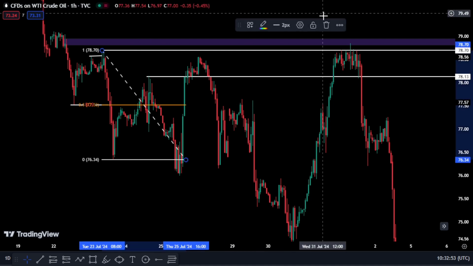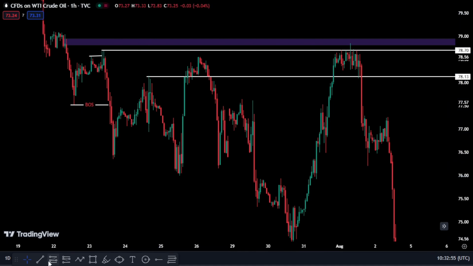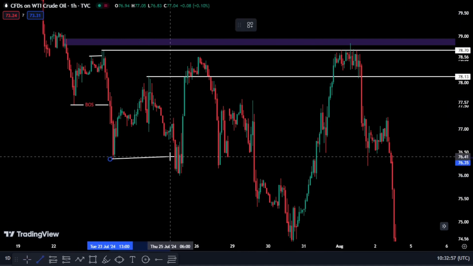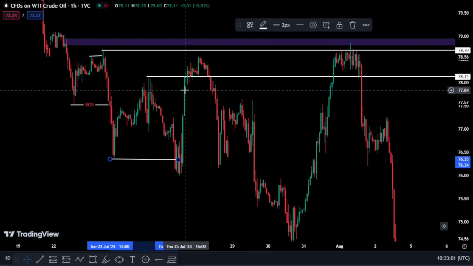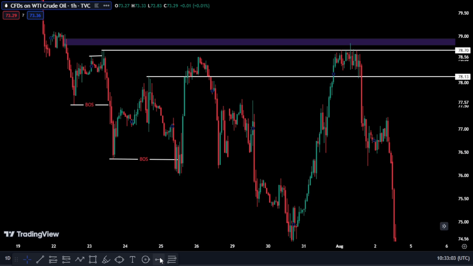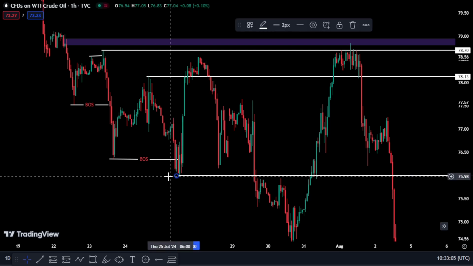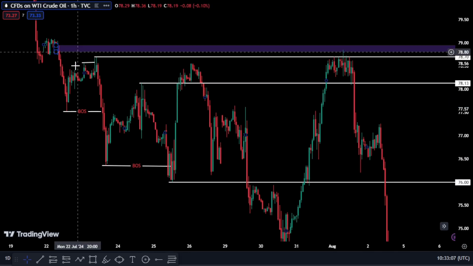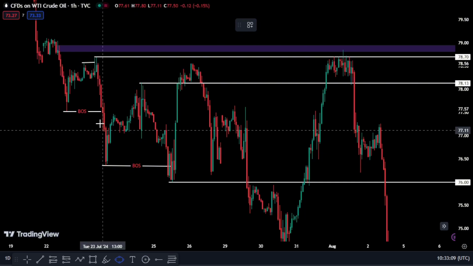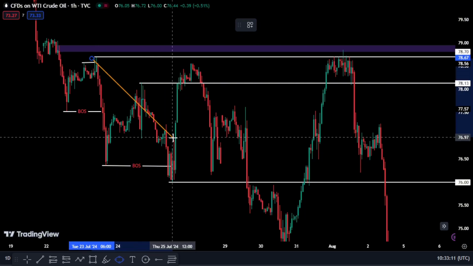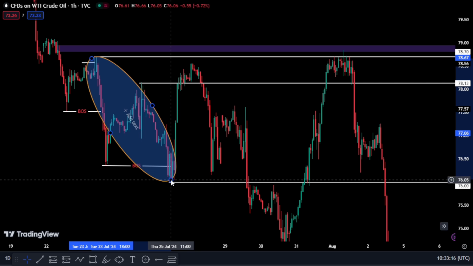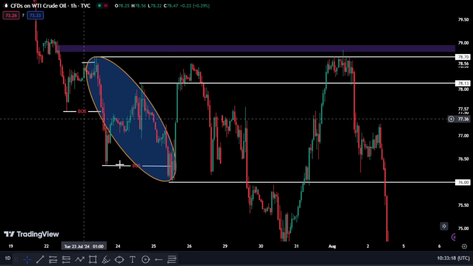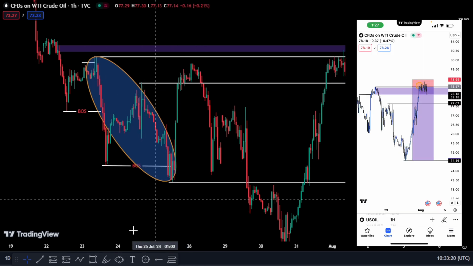And then the market gives us a second break of structure. So this is our second break of structure. Now what happens? The whole of this becomes your swing structure, and then this pullback is your substructure.